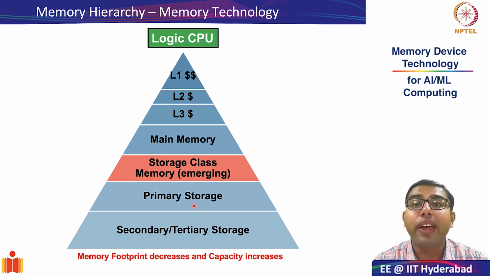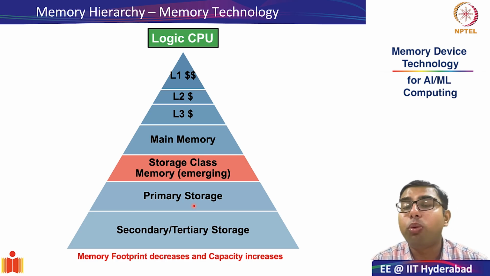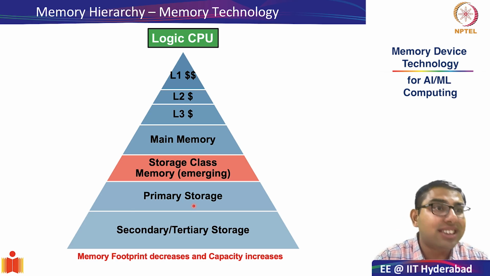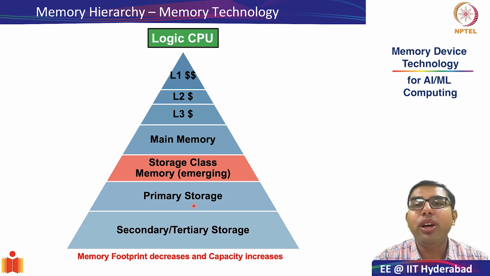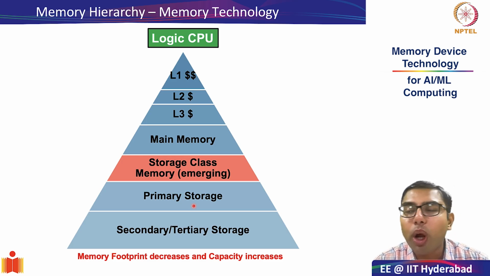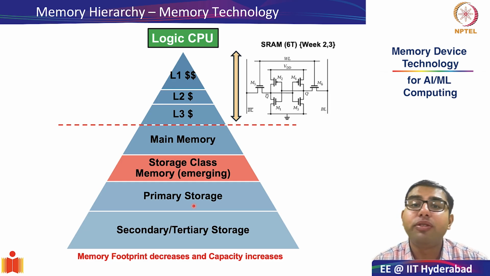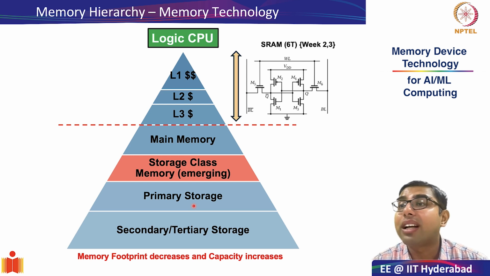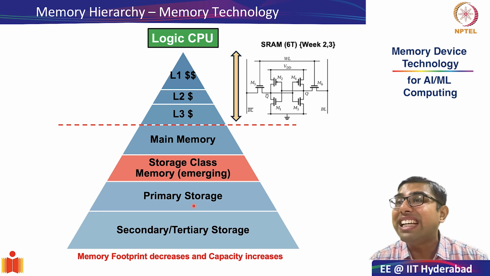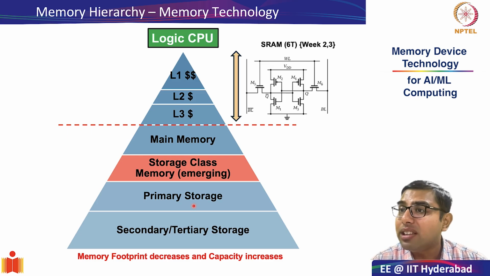So the final thing that we would like to discuss is what are the different storage, the individual memory or storage cells that are employed in different parts of the memory hierarchy, and this will be a good way to conclude our first module. So as we know, L1, L2 and L3 caches consist of 6 transistor based SRAM cells.